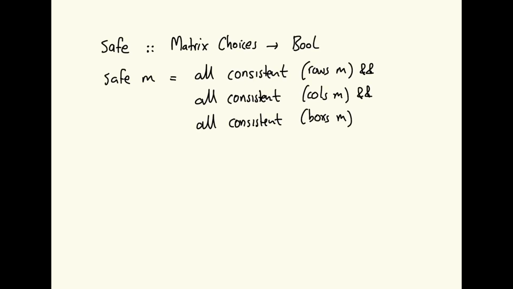So how does consistent work? Well, consistent just takes a row of choices, and it's going to give back true or false. All it's going to do is check, is there a duplicate single entry in any of these choices? So I can give you a little concrete example.